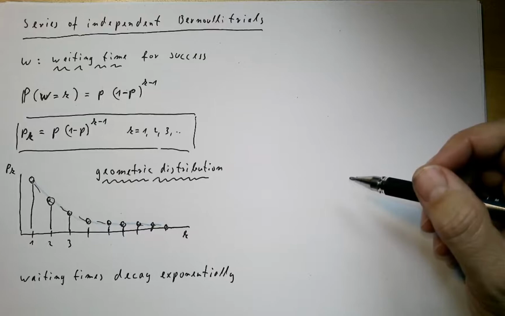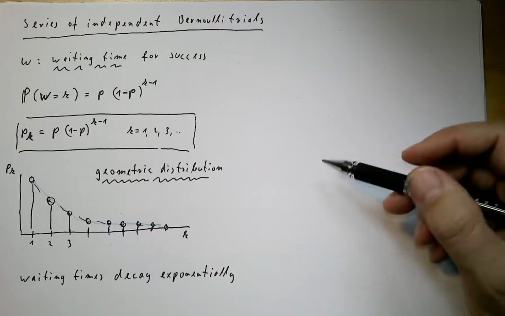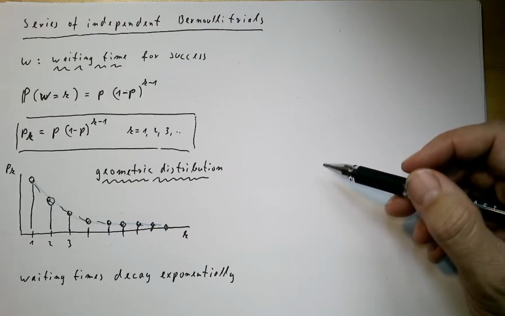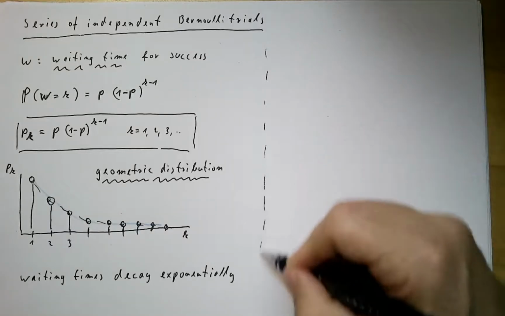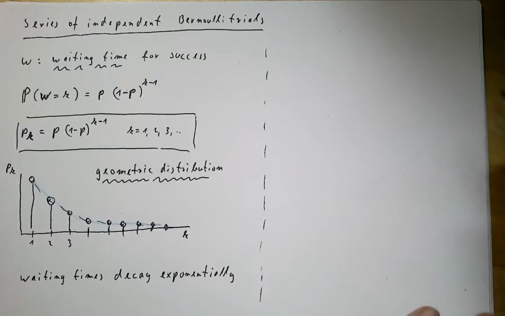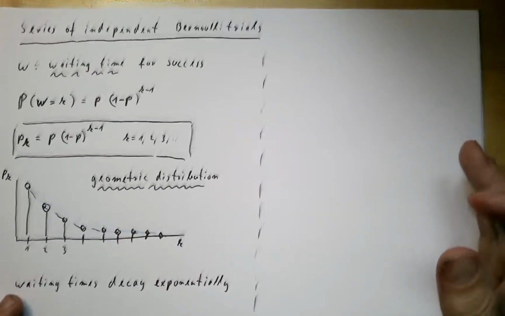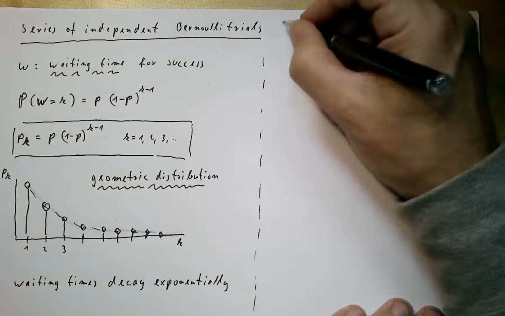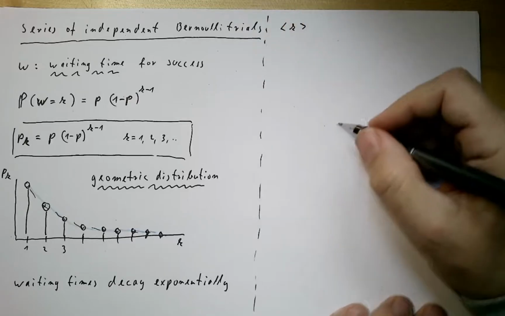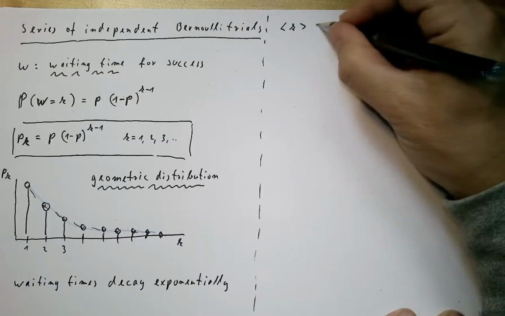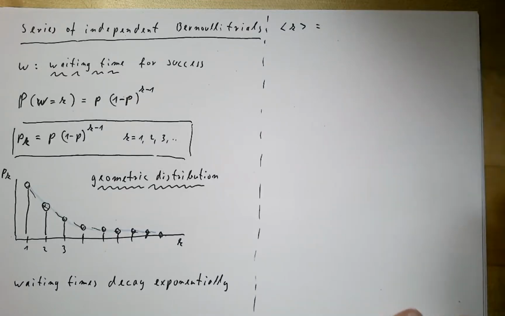So now let's calculate the typical time we need to have success. So let's calculate averages. How do we calculate the expected value of k? Now it's just a straightforward application.